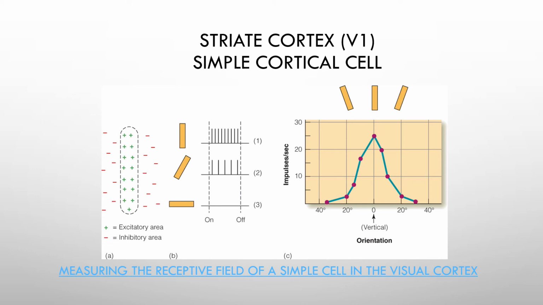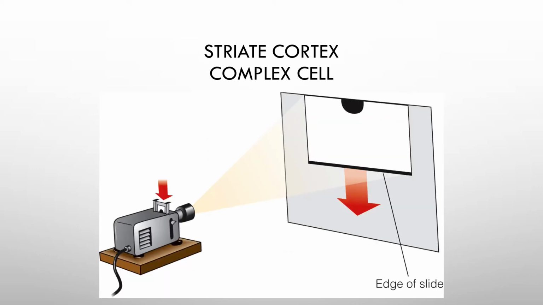And if you remember from previous talks, we have more cells coding for vertical and horizontal than we do for oblique lines. If you remember, the complex cell is responding to both orientation of line and direction of movement.